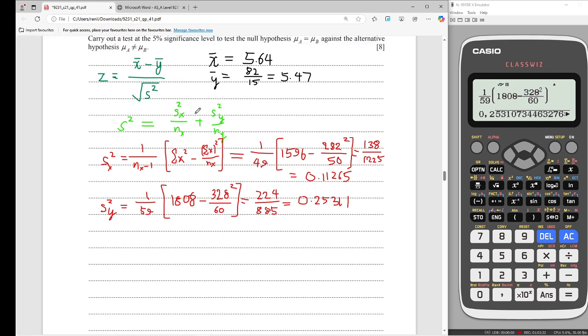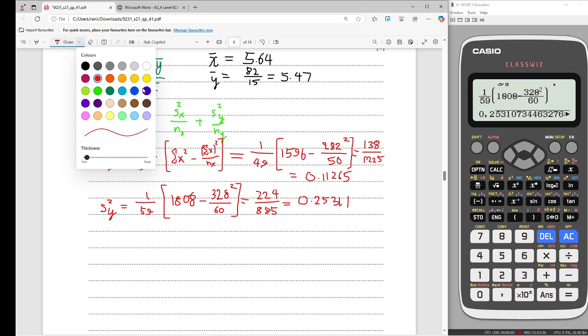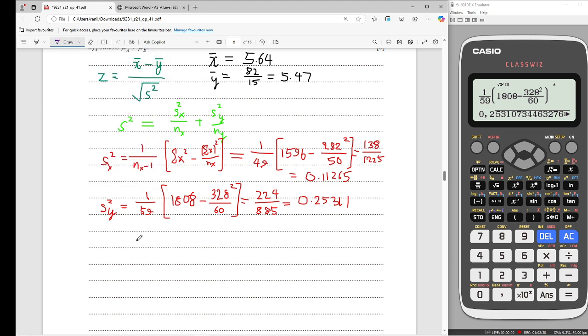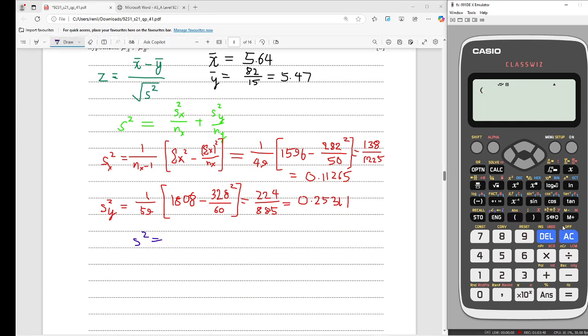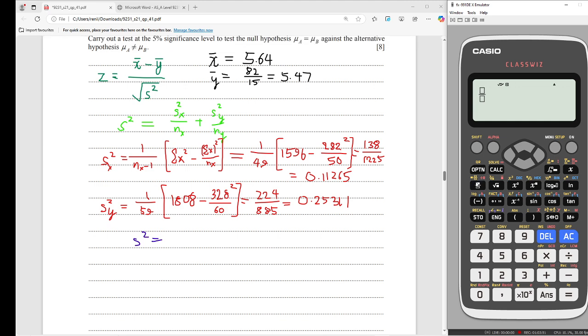Now our formula becomes accessible over here to find S2. So how do we find S2? Just plug in the values. S2 is equal to, and I'm just going to plug in the values, no need to reference each value here. So S2 of x, this is where the fraction comes important.